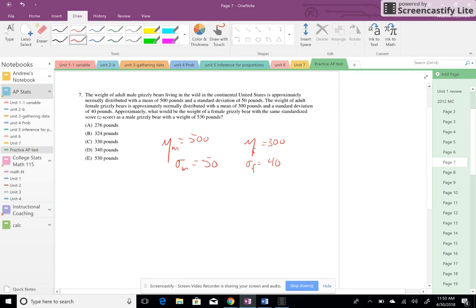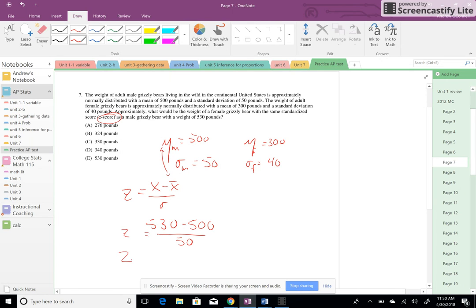Approximately what would be the weight of a female grizzly bear with the same standardized score, z-score, as a male with 530? So start by finding a z-score. All z-scores are just x minus the mean over standard deviation. In this case, I'm interchangeably using mu and x-bar. Starting with a male grizzly bear with a weight of 530, so 530 minus the mean of the males, 500, over standard deviation, 50.